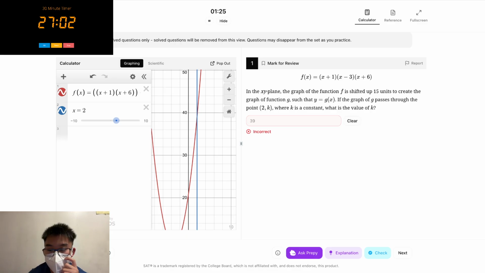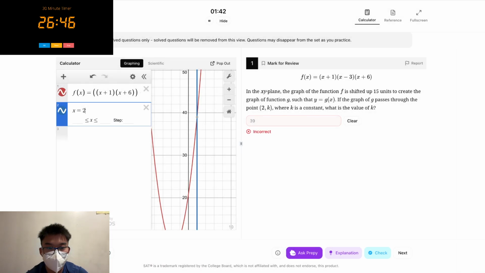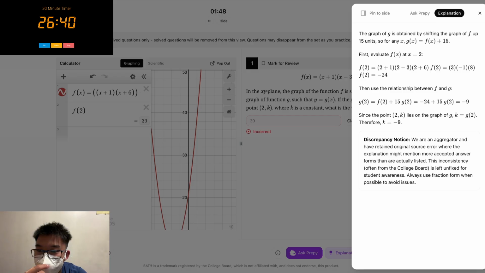What's the value of y? Oh, interesting. Oh yeah, this is exactly what I did. Oh, f of 2, I guess. Yeah, 39. Interesting. What the heck? Interesting.